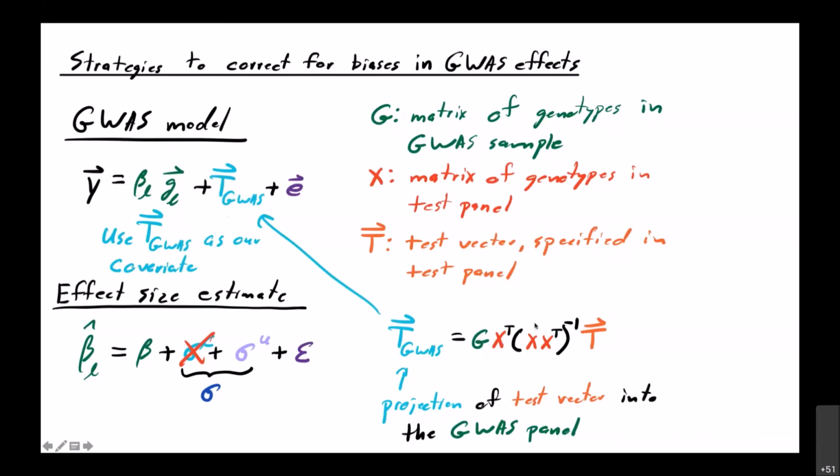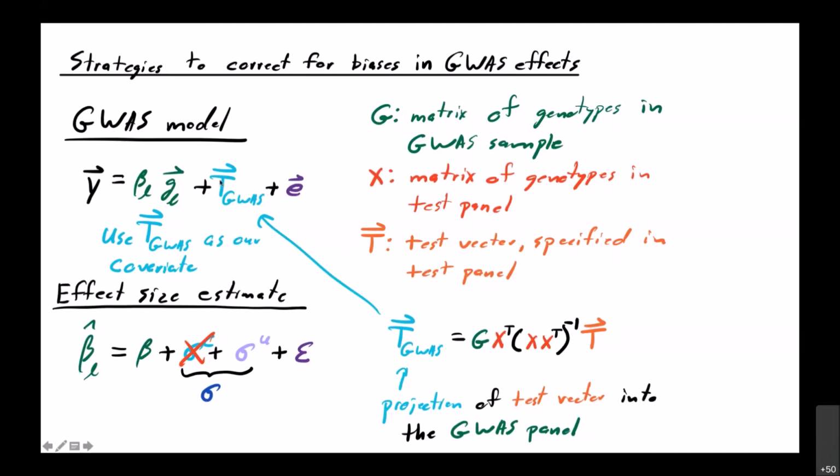One way to think about what's going on here is that this is a collection of genotype matrices that I'm multiplying together. You can think about it as like a multivariate regression coefficient. So I'm getting the best prediction of this test vector in the GWAS panel based on the values that I have assigned to individuals in the test panel in order to do the test.